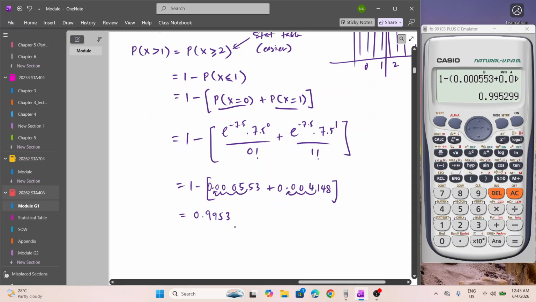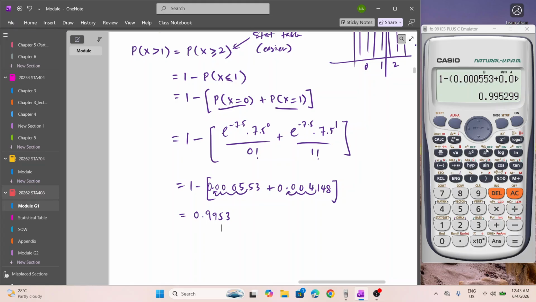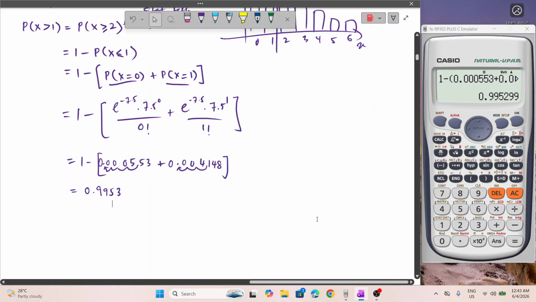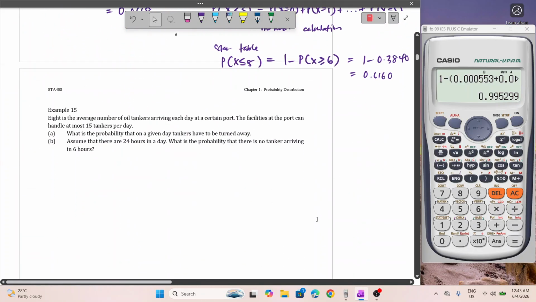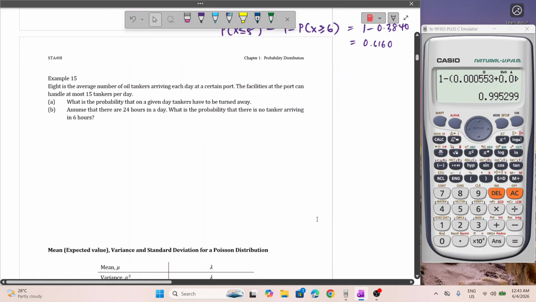So that's the answer for D. Example 14, D. Right?